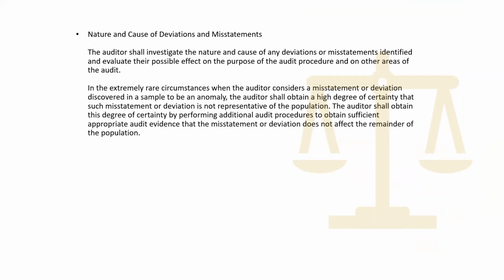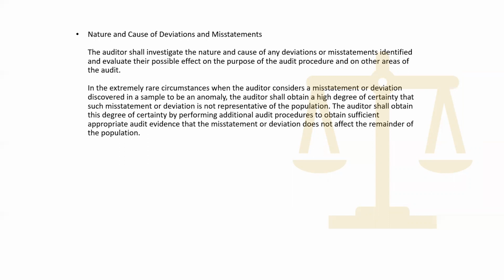Now, once you've identified a deviation or a misstatement, what you need to do as an auditor is to investigate the nature of this deviation or misstatement and also investigate the cause of the deviation or the misstatement that you've identified.